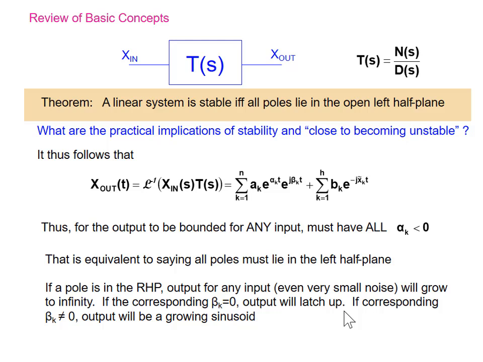Only if all of the alpha_k's are negative will you have a sinusoidal term, which is a step response, being bounded by a decaying exponential term. And that means that the transient response will always go to 0.